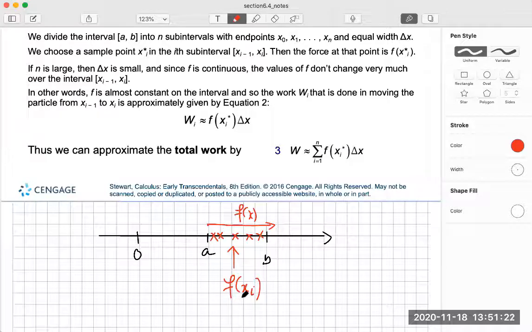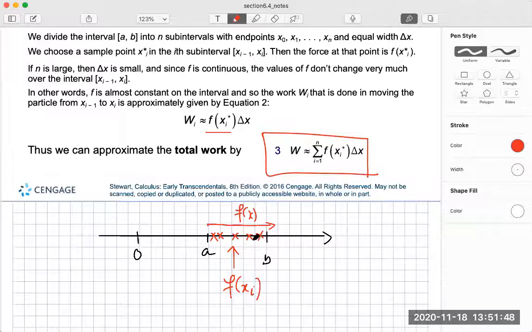The total work done over the whole domain will be the sum of the products for all the points x_i in the subintervals.